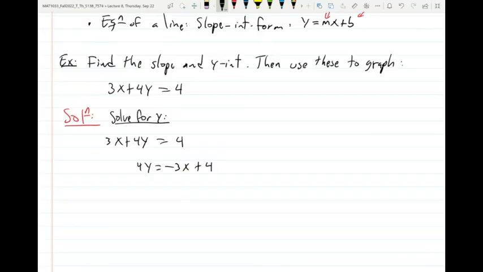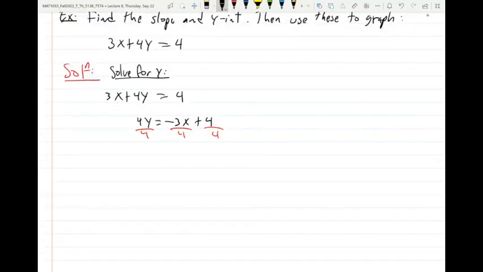And now we divide by 4. Remember, when you divide by 4 both sides, every single term has to be divided by 4. Okay? So divide by 4, divide by 4, and divide by 4. So we get that y = -3/4 x + 1. Are there any questions about this?